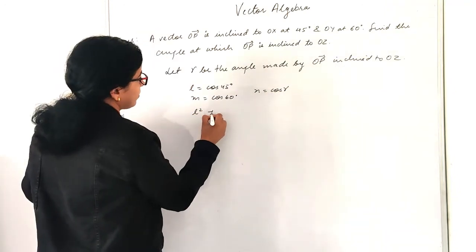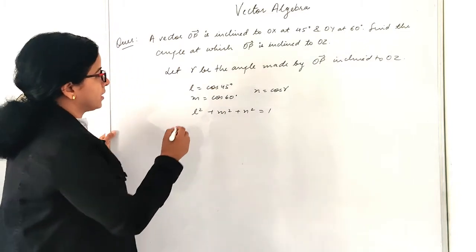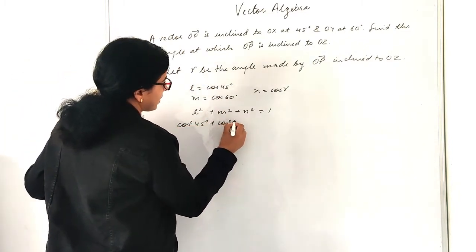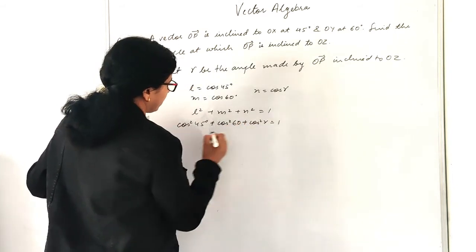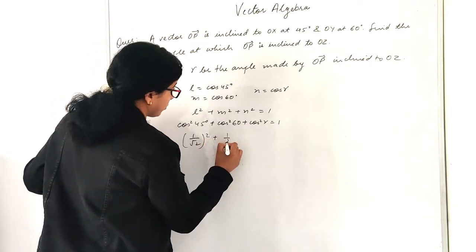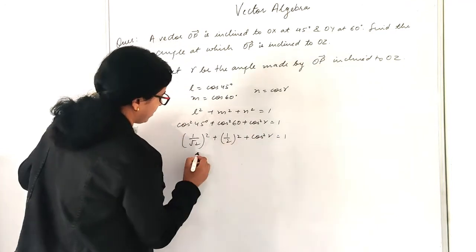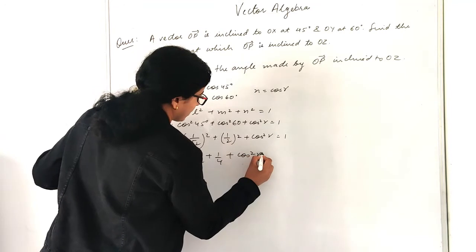l square plus m square plus n square equals 1, right? So cos square 45 degree plus cos square 60 degree plus cos square gamma equals 1. So this is 1 by root 2 whole square plus 1 by 2 whole square plus cos square gamma equals 1. 1 by 2 plus 1 by 4 plus cos square gamma equals 1.